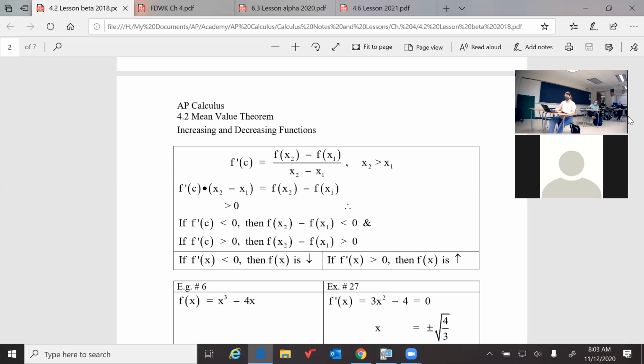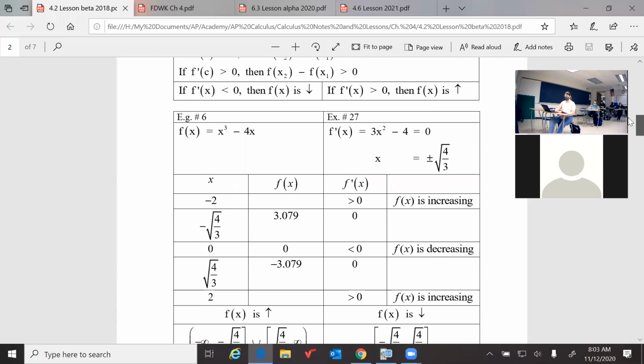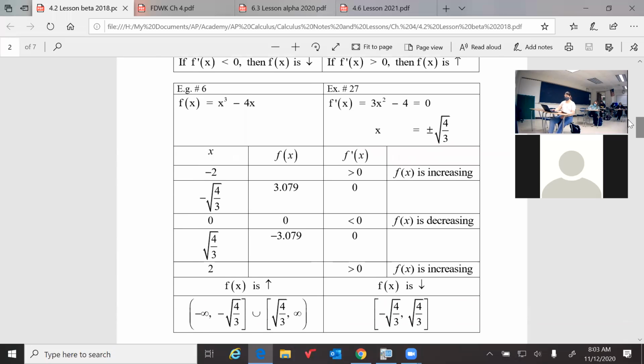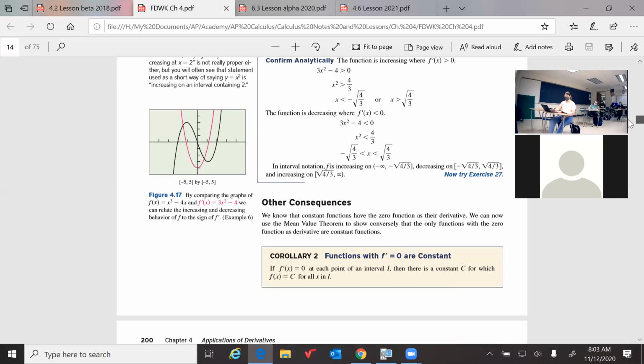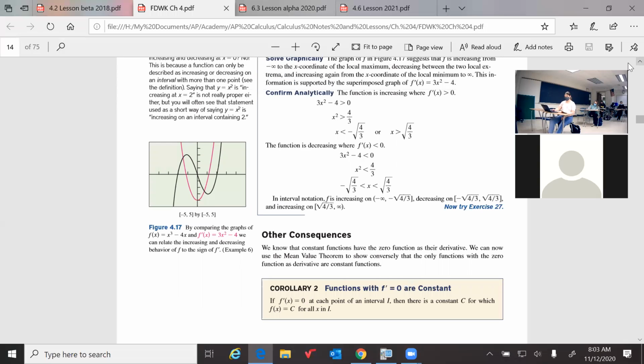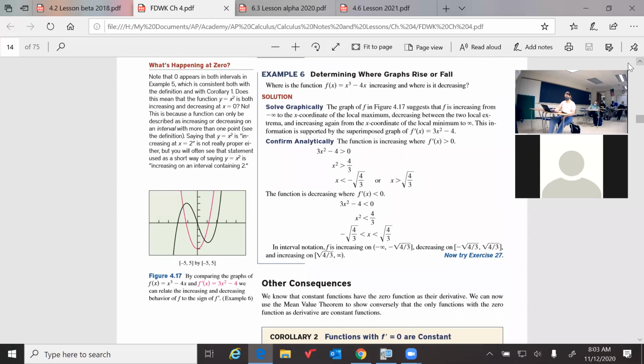We're on page 199. So you have this. Where is the function x cubed take away 4x increasing, and where is it decreasing?